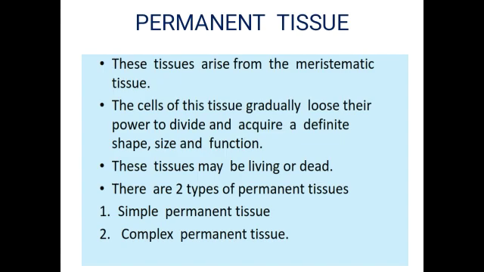These permanent tissues arise from the meristematic tissues. In the last session, I told you that the meristematic tissue has the ability to divide, but the permanent tissue does not.